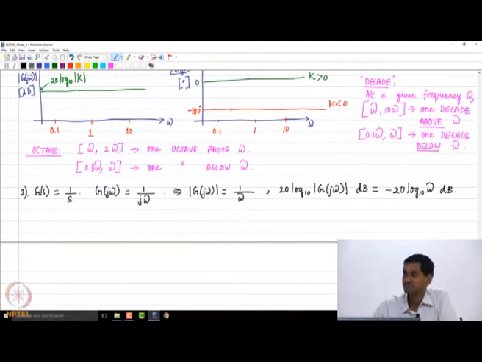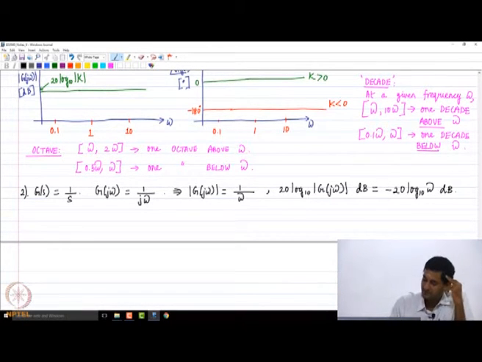Of course, omega is positive, it's frequency, so I am not putting an absolute value here. I hope it's clear how we got this, because 20 log to the base 10 of 1 by omega is minus 20 log of omega. So that's what we have in the decibel measure. That is the magnitude. What about the phase?